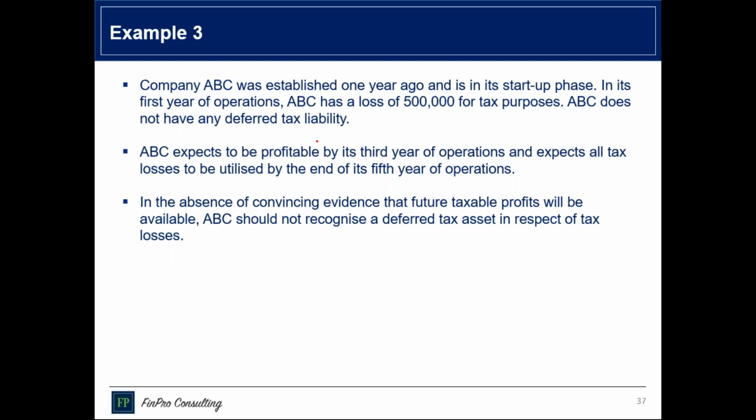So if you're an auditor of a company and your client is suffering losses, then you should always ask for the existing agreements, the sales orders, the purchase orders, whatever it is, to support whether there is convincing evidence that future taxable profit will be generated in order to set off the carry forward losses.